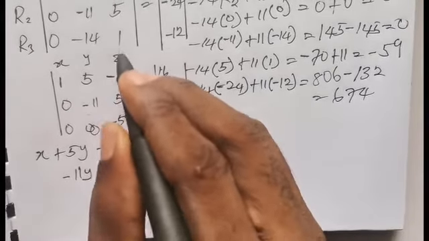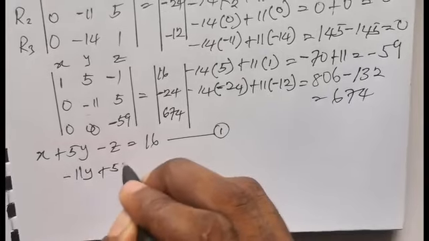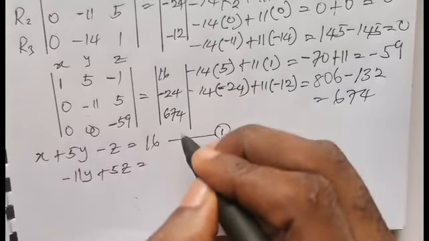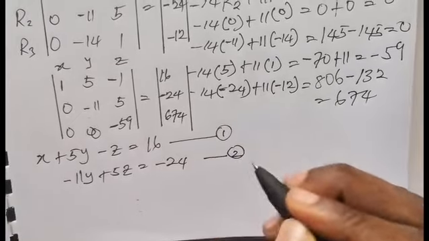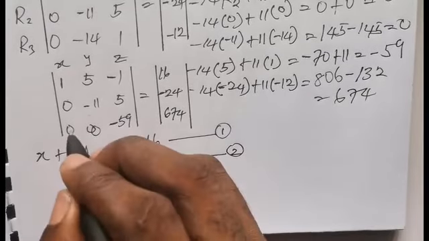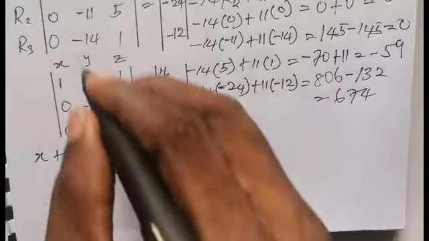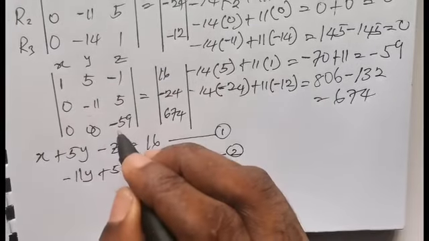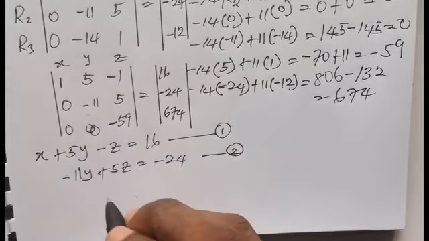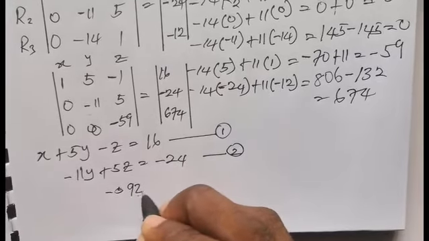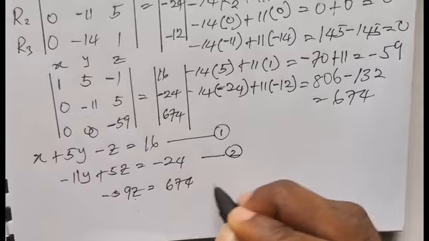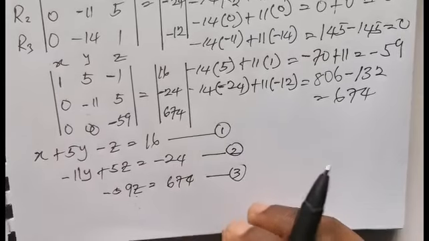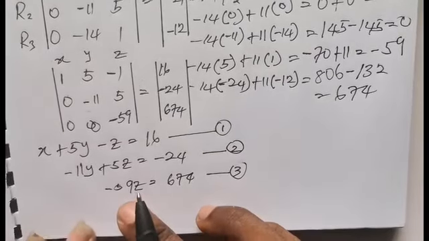Then I have 5 times z, that gives me plus 5z, and that's equal to negative 24. Call this equation 2. Also, 0 times x is 0, 0 times y is 0. Then I have negative 59 multiplied by z, that gives me negative 59z, and this is equal to 674. Call this equation 3.